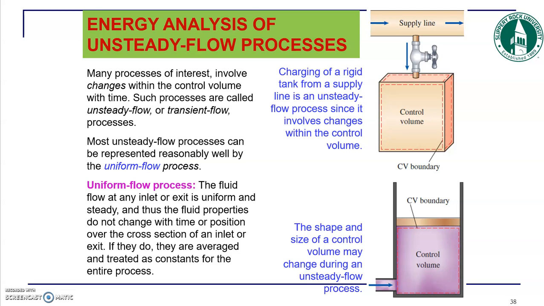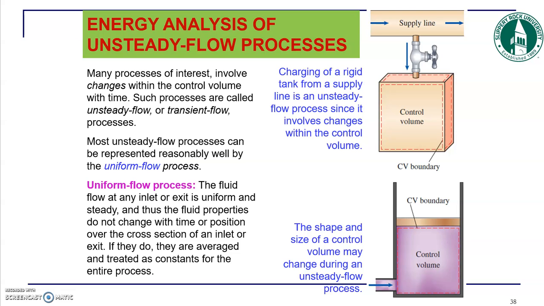So if you remember, the definition of a steady flow process was such that we didn't have any changes within our control volume. Now if you look at the right picture in this slide, you can see that in unsteady processes, usually we have a mass coming in and the total mass change and energy change within our system does not stay constant.